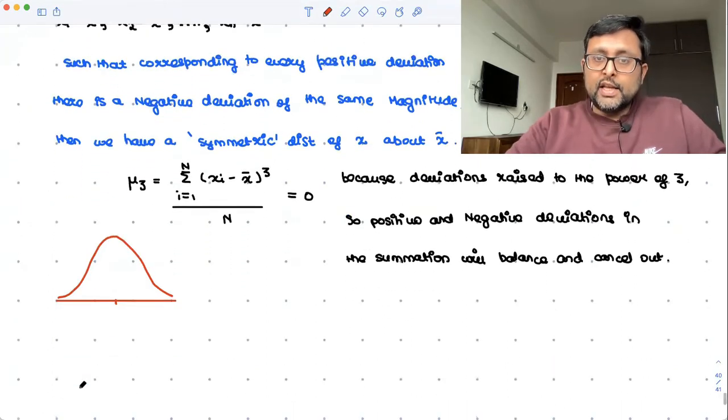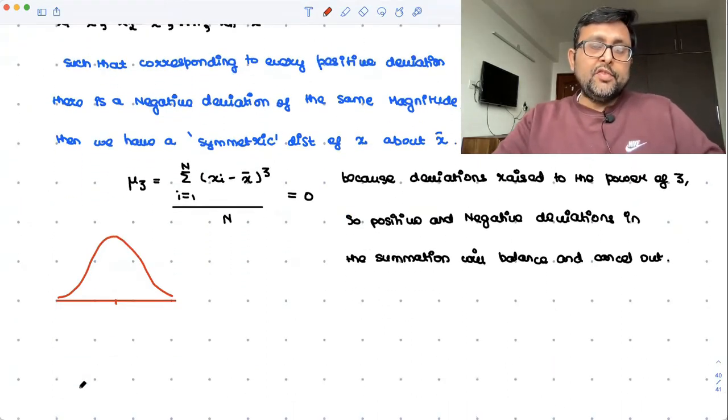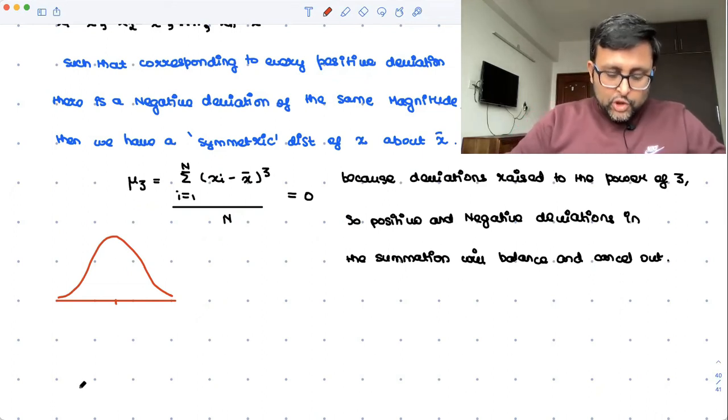But supposedly, if the positive and the negative deviations are not canceling out each other, then you have the asymmetric distribution. So it could be positively skewed, or it could be negatively skewed.